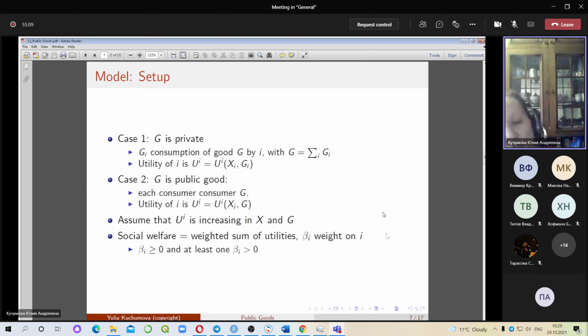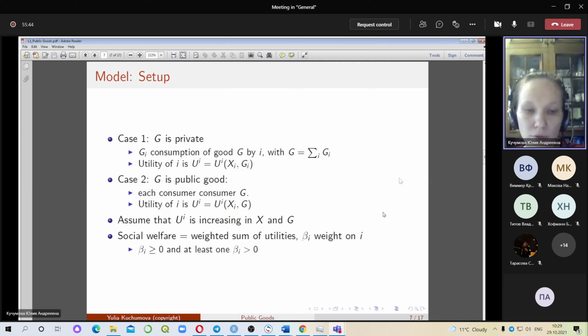We always assume that utility is increasing in the consumption of good X and the consumption of good G. What we also need is social welfare. Here we assume that social welfare is equal to the weighted sum of the utilities of all individuals in our economy, and the weight on the utility of individual i will be beta i.